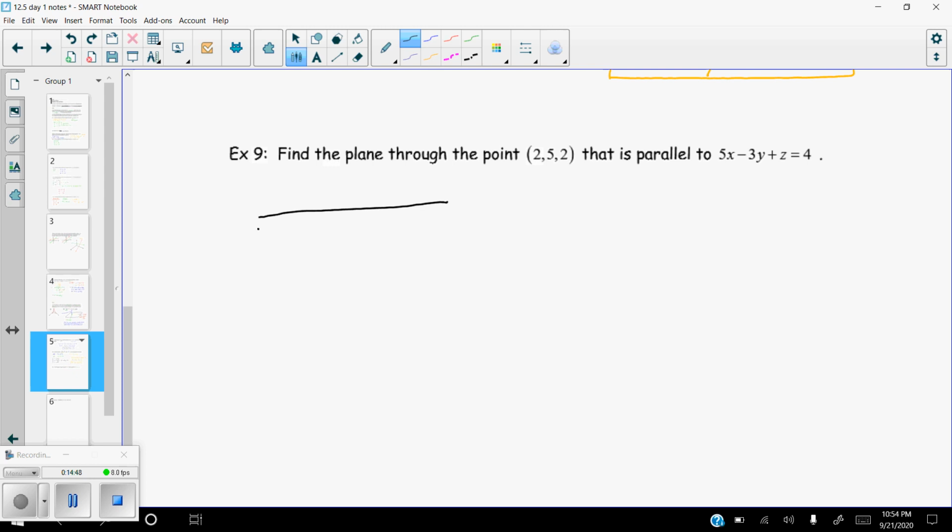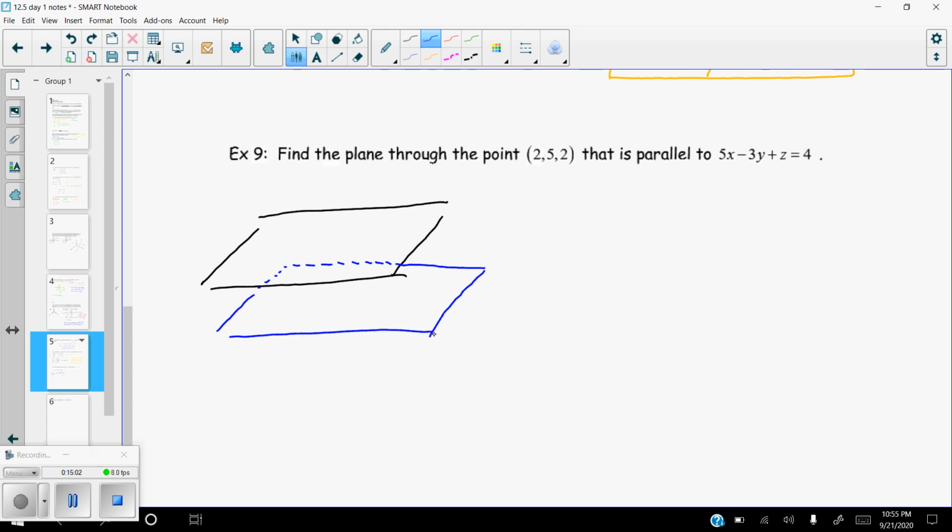If I've got a plane like this, and then I've got another plane, this is supposed to be parallel to another plane, so maybe you can see that that blue one is beneath the black one. Maybe the black one is given to us, so we know that the bottom one has to go through our point. So our point 2, 5, 2 has to be in that plane somewhere.